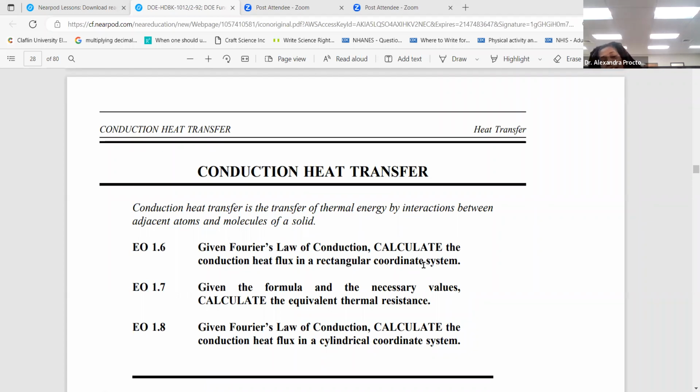So in this next chapter, they talk about conduction heat transfer. This is the transfer of thermal energy by interactions between adjacent atoms and molecules in the solid.